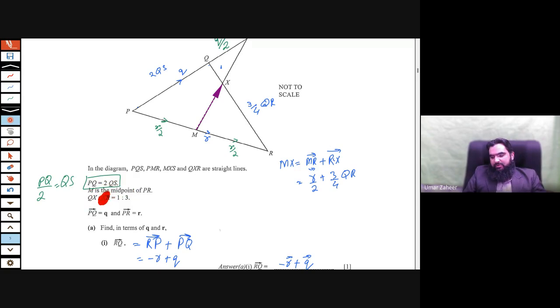R to X has 3 parts, the total number of parts is 4. So 3 divided by 4 into QR. Or we can write it from R to Q in the same direction. So R divided by 2 plus 3 divided by 4 into RQ. We already found the value of RQ, that is minus R plus Q.